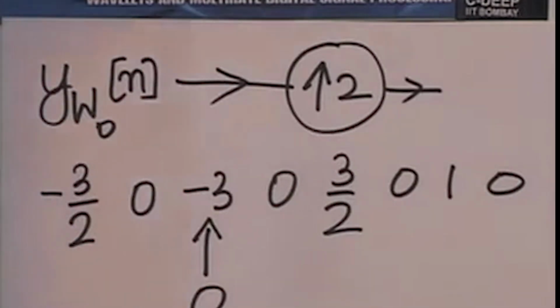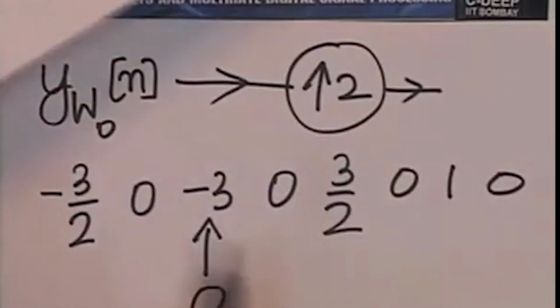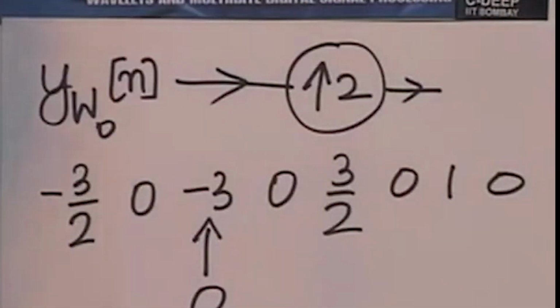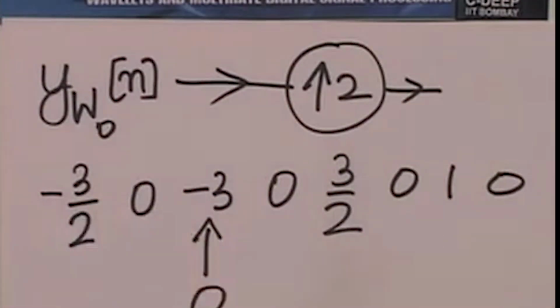Now, how would we get the piecewise constant values from these two sequences? Well, let us take the example of the first two values here. The first value in the upsampled sequence of V0 is 11 by 2, so 11 by 2 and 0, and minus 3 by 2 and 0.